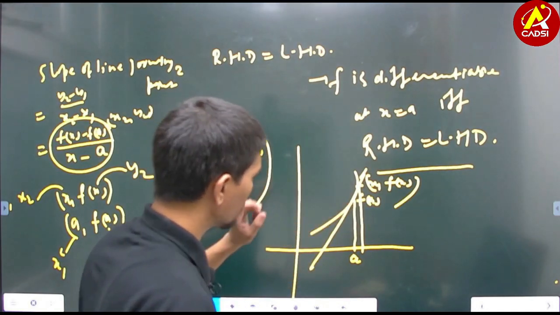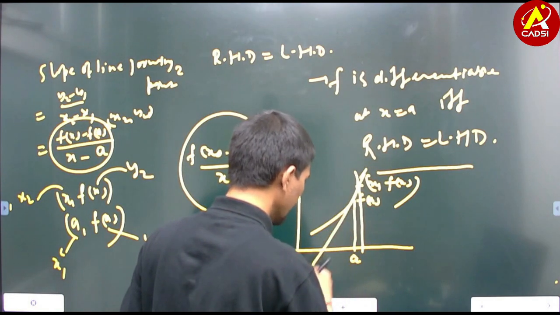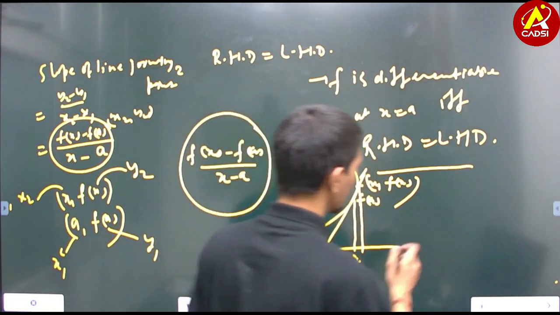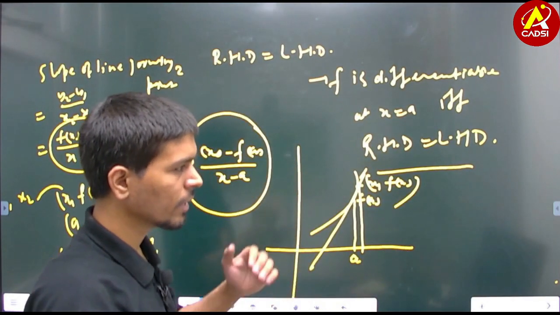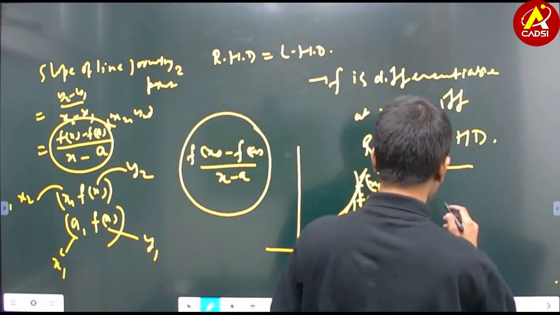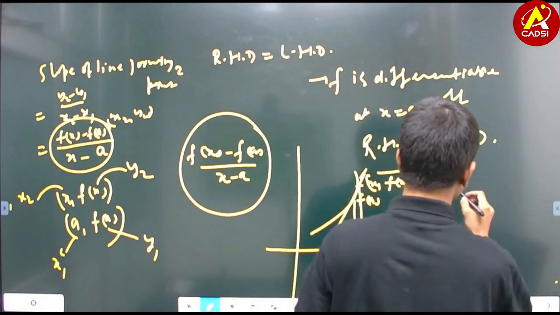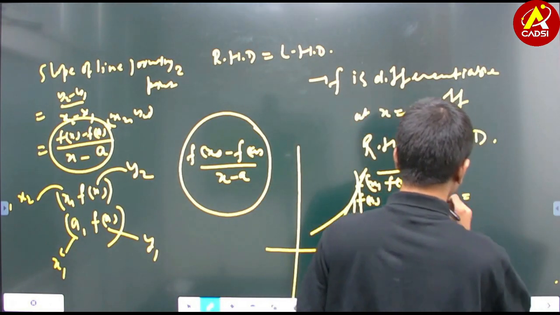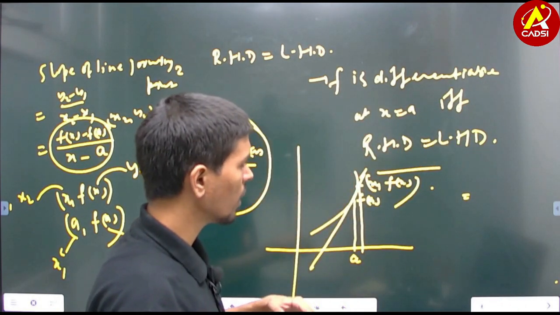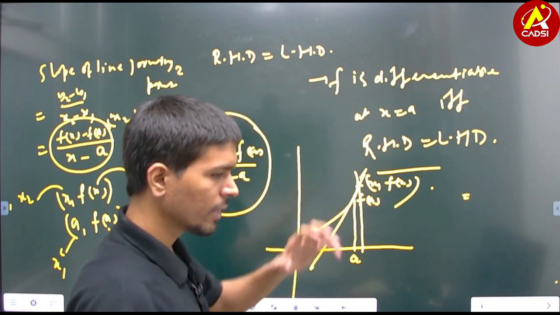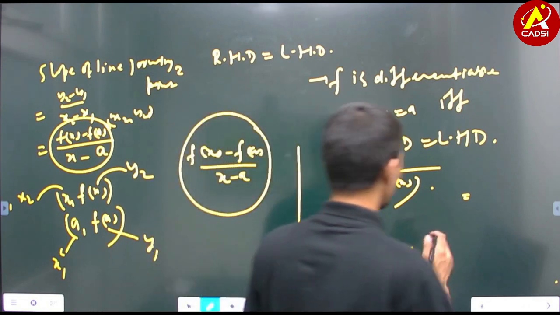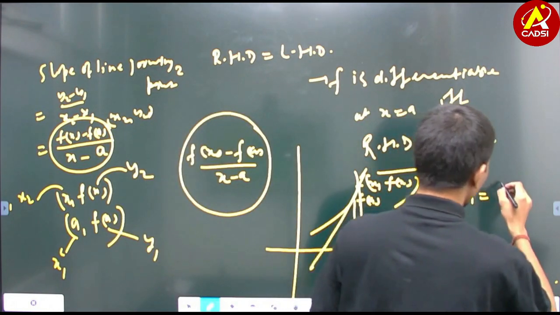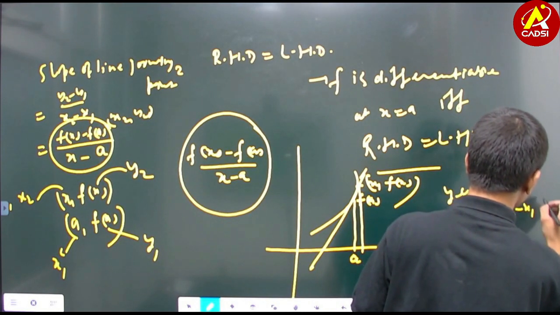So we can find the equation of the line joining these two points in an easy way, because we know the equation of a line passing through two points: y minus y1 equals (y2 minus y1) upon (x2 minus x1) times (x minus x1).